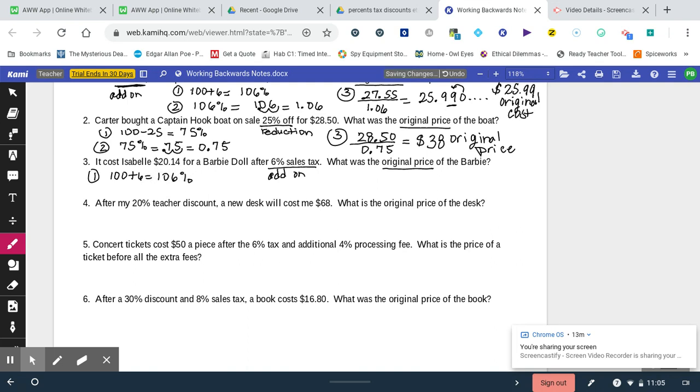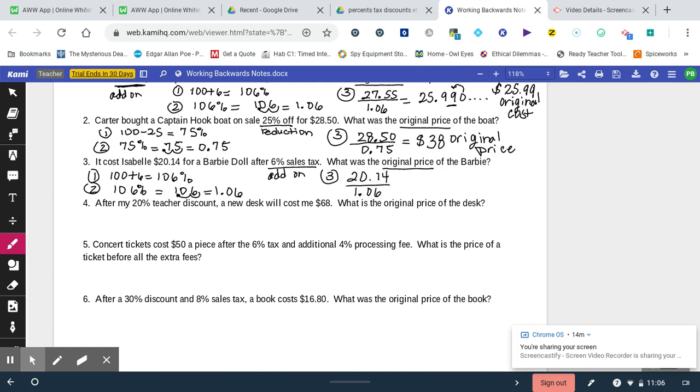All right, so I'm going to change this. Drop the percent. I'm going to change it to a decimal. Move it over twice to the left. So that's going to put us at 1.06. And then the third step will be to take my number, $20.14, and divide it by the decimal that I just got.